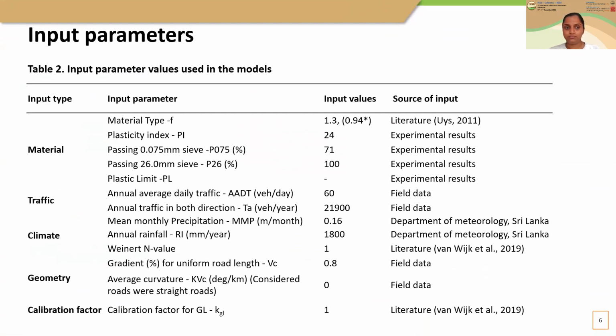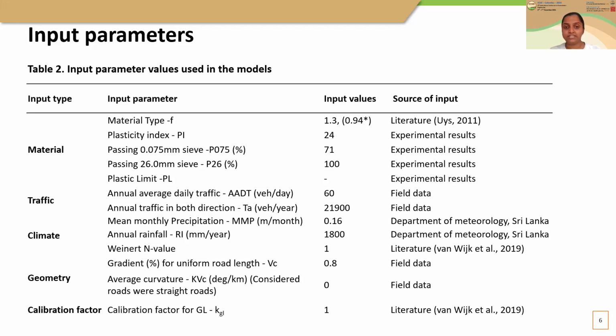To find the input values for these different parameters, different sources were used. For the material parameters, laboratory testing was done, and to find out the traffic parameters and the geometric parameters, field data were used.